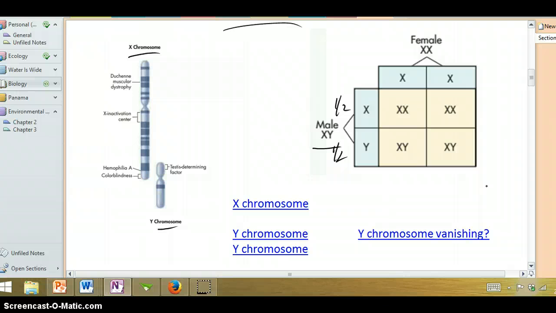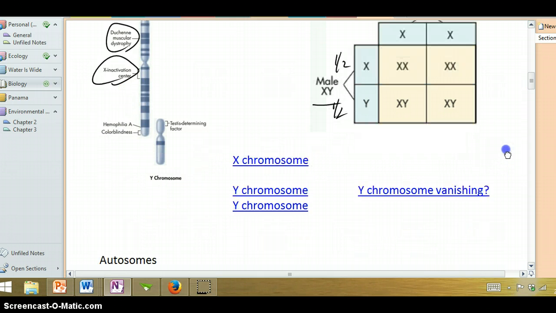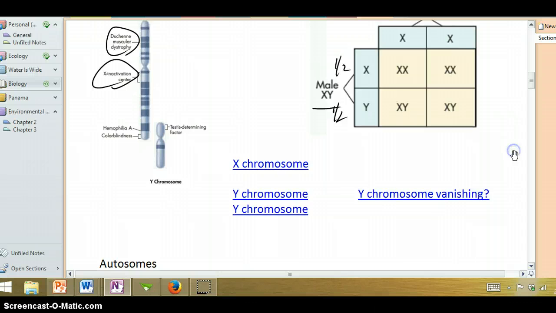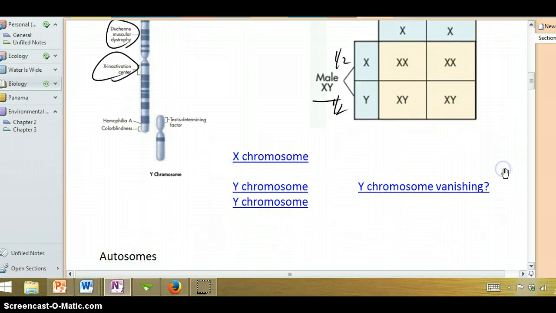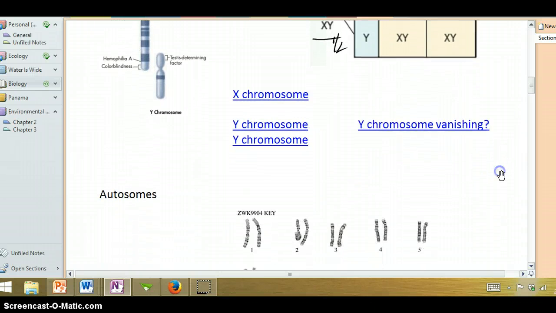And so there's this notion: will this someday happen in people? I want you to take note of some of these particular genes that are pointed out here: Duchenne muscular dystrophy, X inactivation, hemophilia, color blindness, because we're going to talk in a little bit about this phenomenon called X linkage.